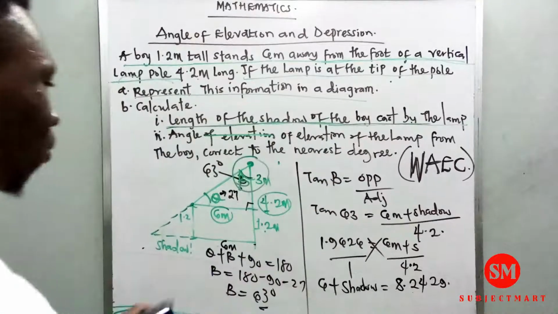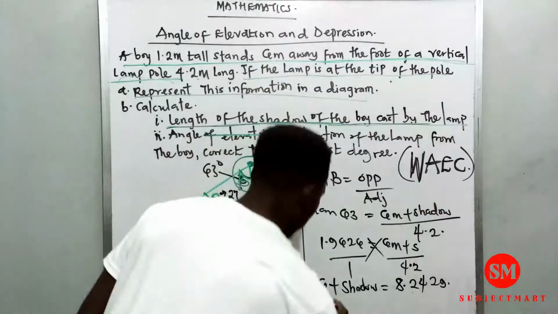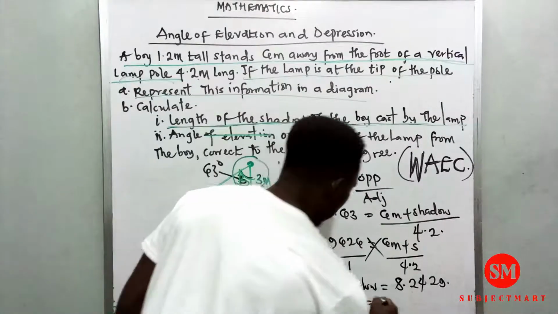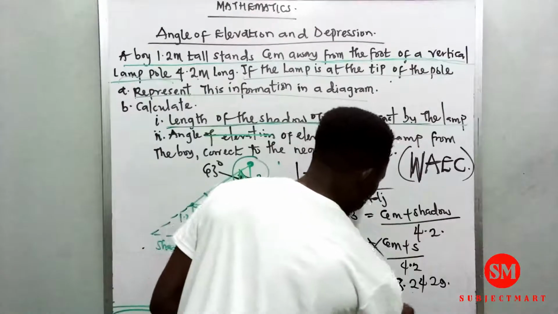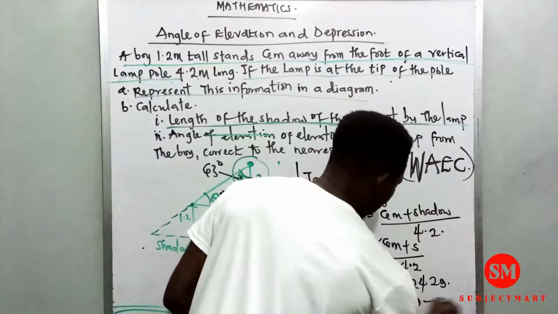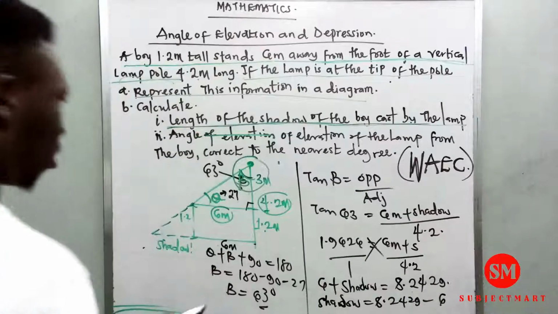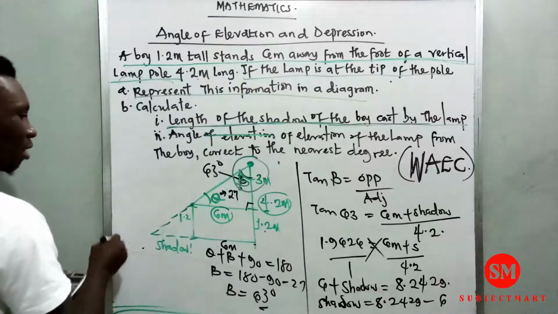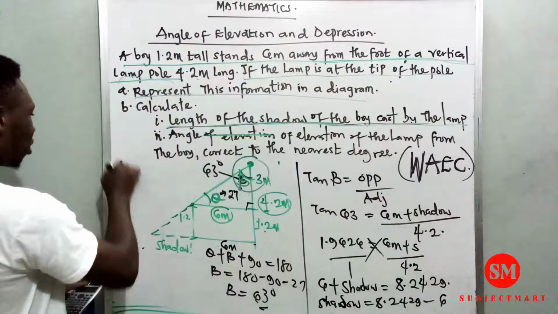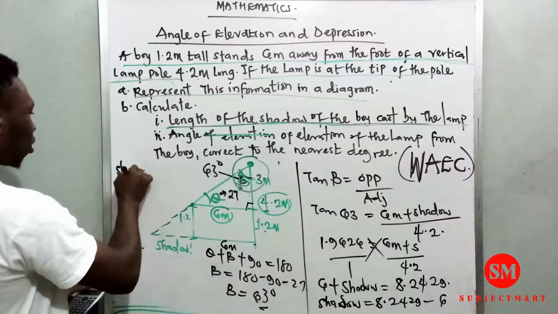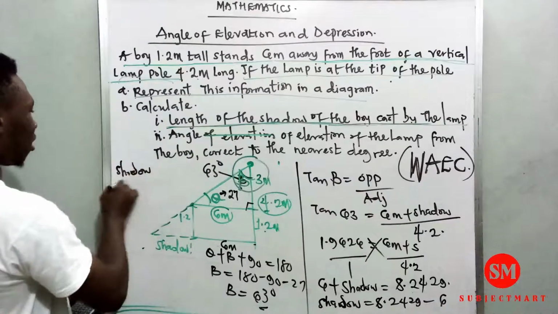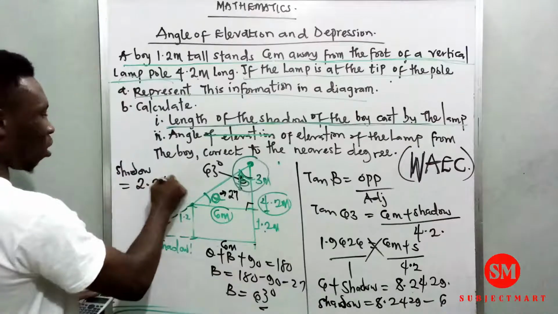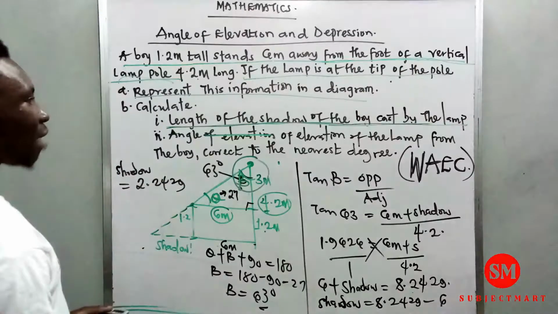Now I'm going to collect like terms. So our shadow is going to be equal to 8.2429 minus 6. That is going to give us that our shadow is equal to 2.2429.